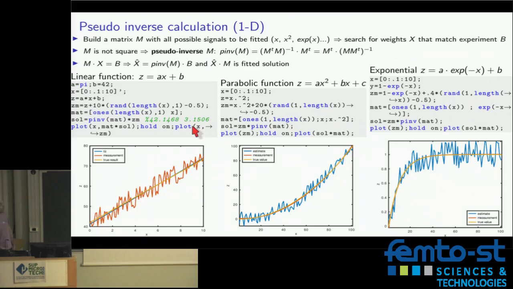Hopefully this gives you the same solution: this is your true solution in yellow, and the blue curve is your estimate. So you see, in the trivial case of the linear fit, it works.